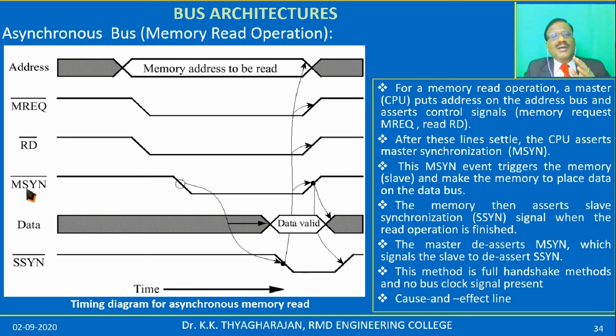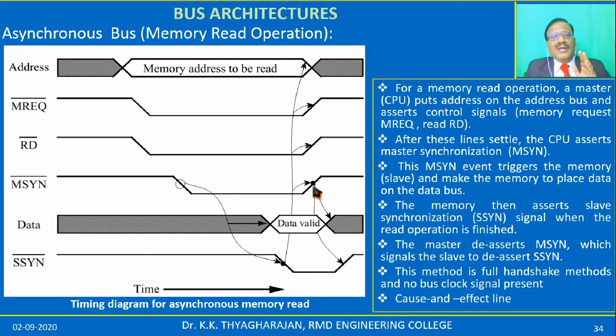After this, the master synchronizing signal will be asserted high. That means it will be deactivated. And the read signal will also be deactivated. So during this period, at these points, the read operation should be over and the memory request signal will also be asserted high. Then the address lines will be closed.